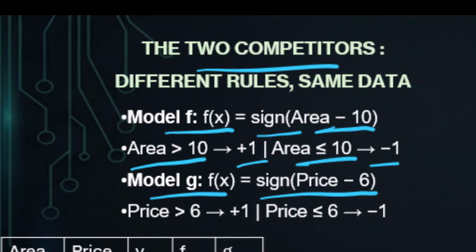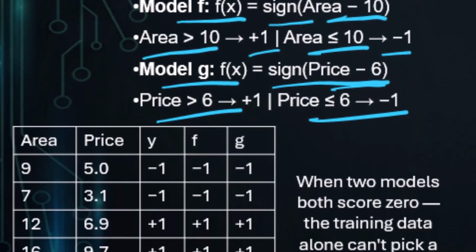So this model is sign of price minus 6. That means if the price is going to be more than 6, then this model says this flat will have more than 3 bedrooms. If it is less than 6, then it will have less than 3 bedrooms. Got it? So these are the two models.